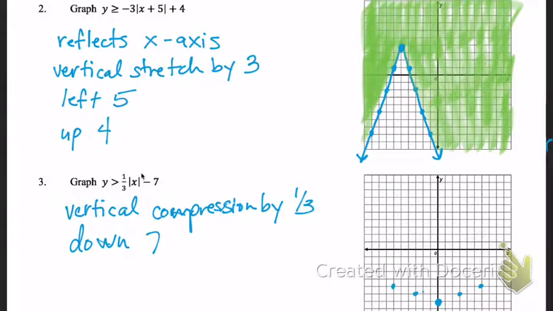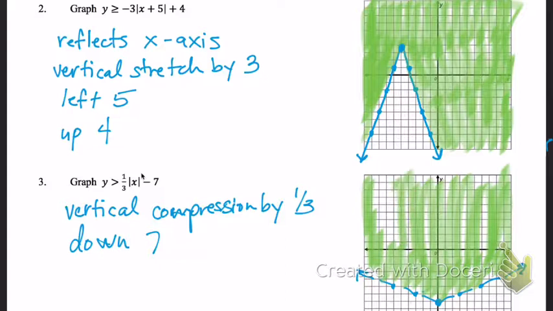Will it be a dashed or solid line? Dashed. And do I shade above or below? Above. So that is all for inequalities for absolute values.